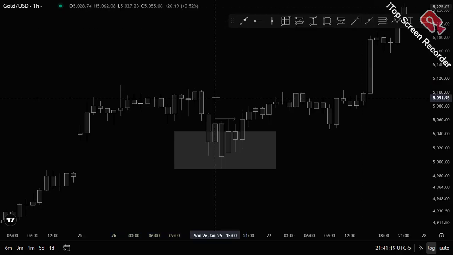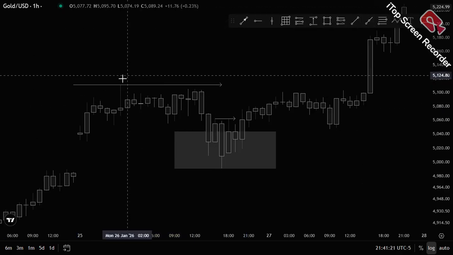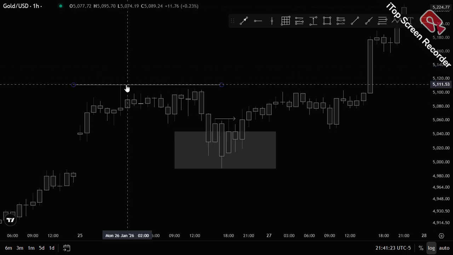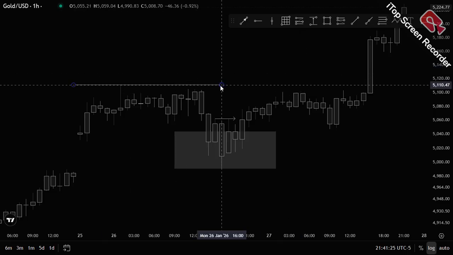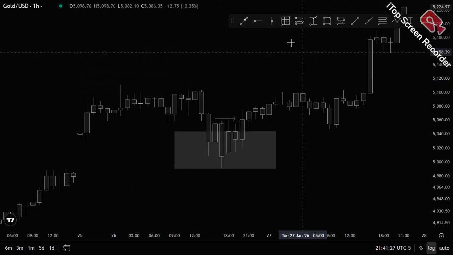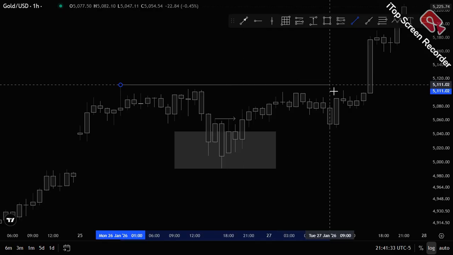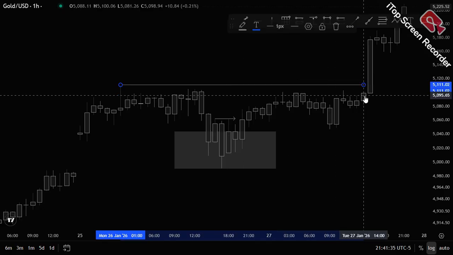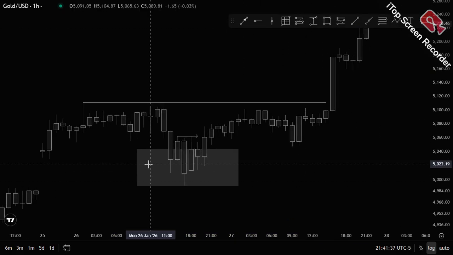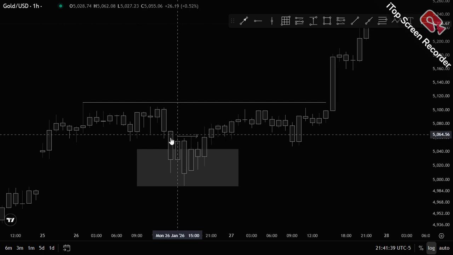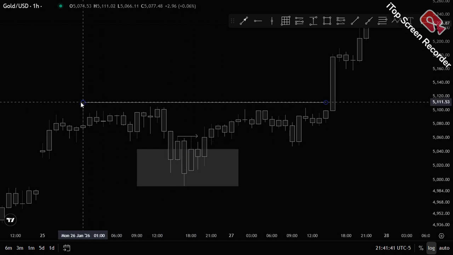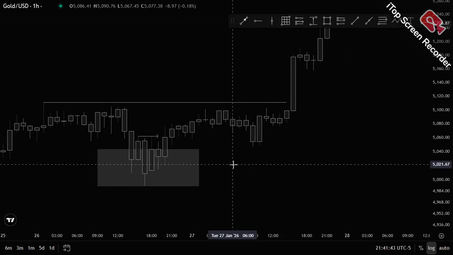Then instead of using this 8-hour break that we didn't get, we use it as our target. So we are waiting for price to get to this high. If we manage to get any setup from here, that should be where we are exiting, right?